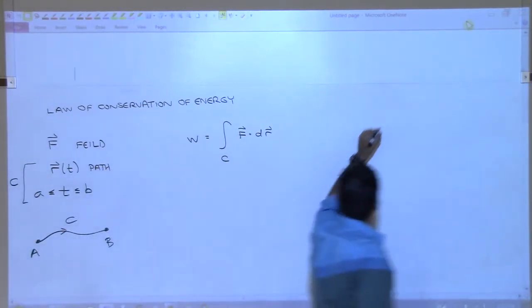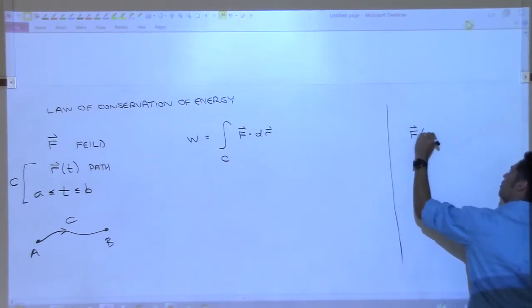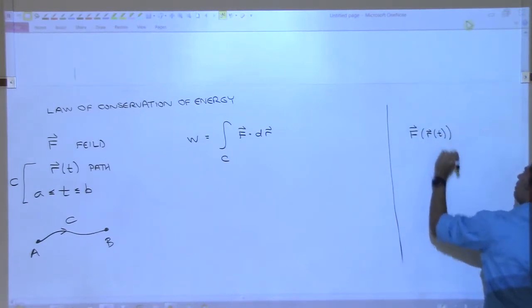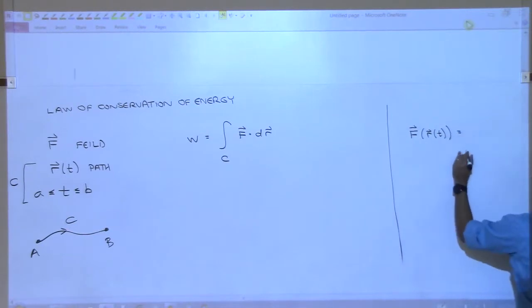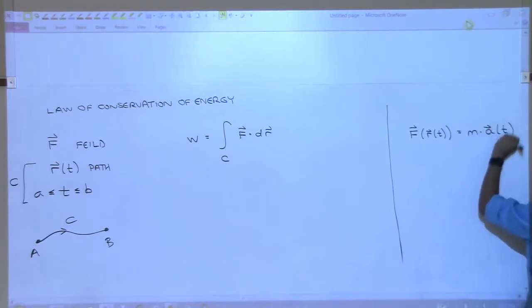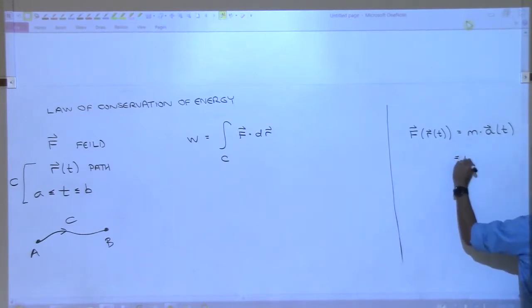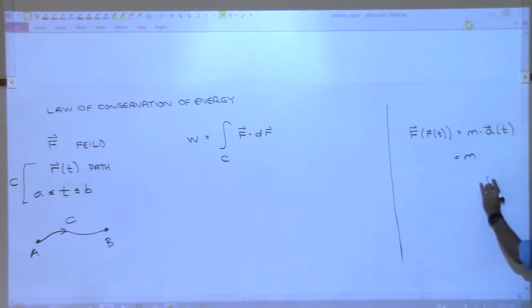So let's keep in mind here that the force acting on the object as it moves along the path r(t) is equal to mass times the acceleration. And what is the definition of acceleration? According to our path, it will be mass times what? Second derivative of r(t), right? You with me?